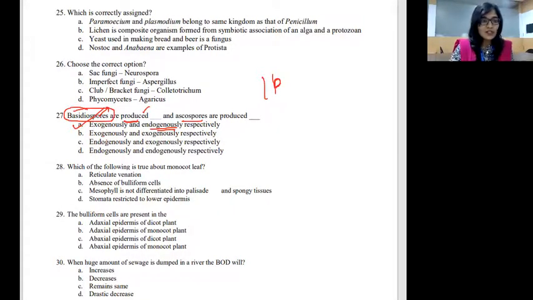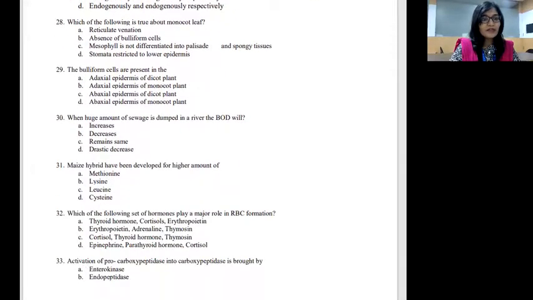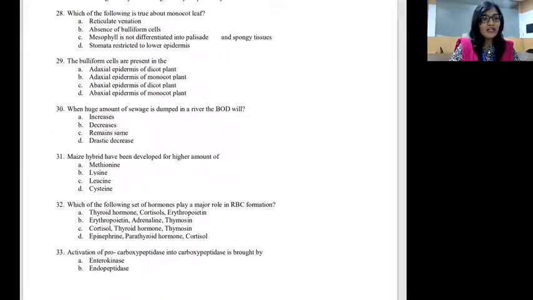Okay. The next question: which of the following is true about monocots? They're not talking about dicots. If it's a monocot, what type of venation will you see? Parallel venation, very important. You will not see reticulate venation. You will see reticulate venation only in the dicot, not in the monocots. So this is going to be a wrong statement. We cannot choose it, but we have to choose the true statement. Absence of bulliform cells is given here. No, bulliform cells are present.